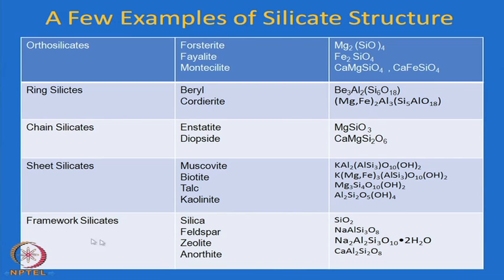It is basically what we call a framework silicate, right. And as we have mentioned earlier, feldspar is one of the basic ingredients of the whiteware or porcelain family of ceramics.